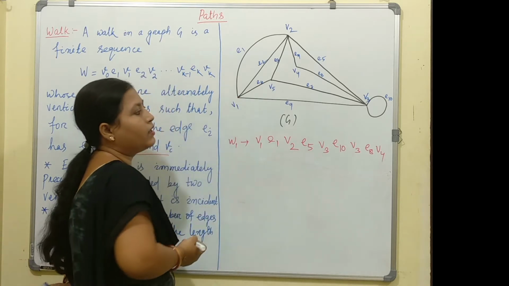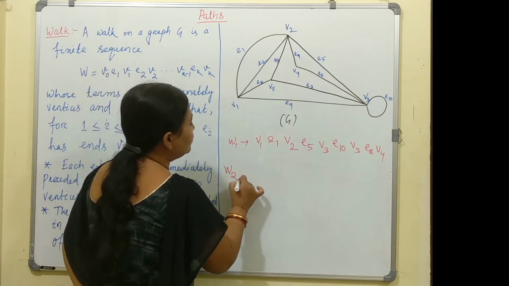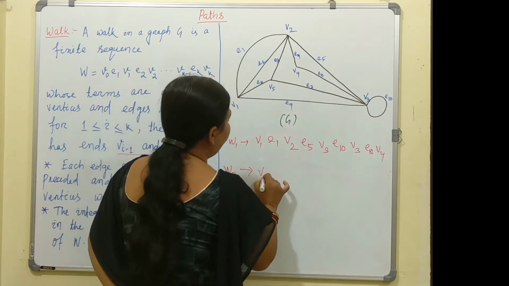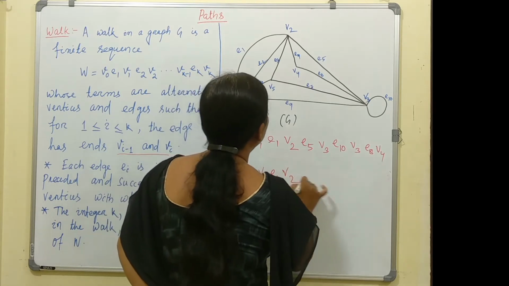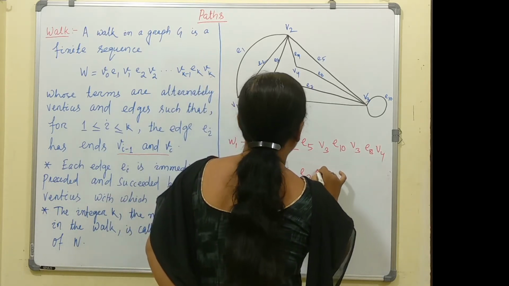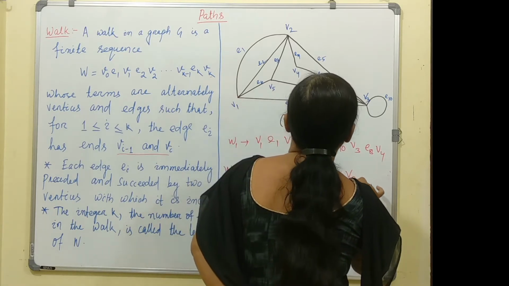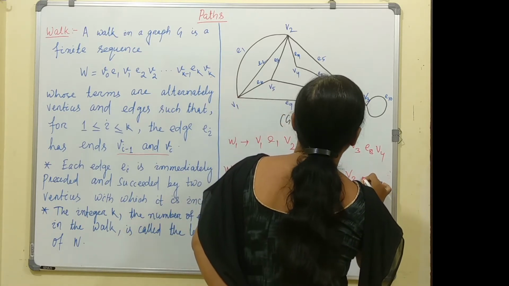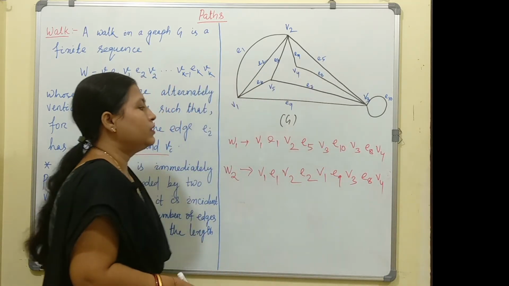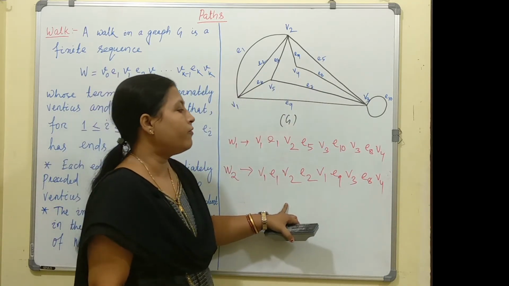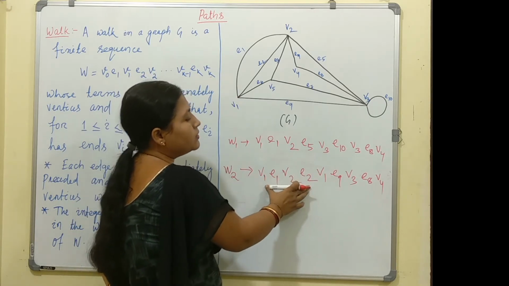Taking another example of a walk, W2: V1, E1, V2, E2, V1, E9, V3, E8, V4. Here V1 is repeated.